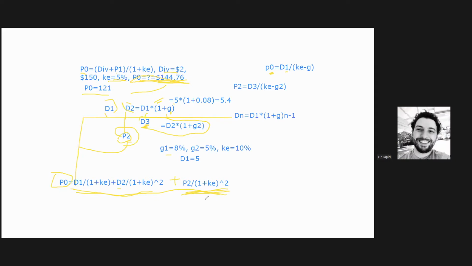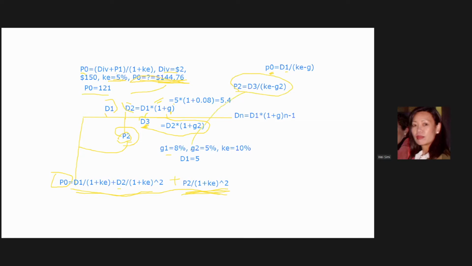Then shouldn't P2 be D3? P2 is this one, remember? Because of the golden growth model, P2 is based on D3. So put the P2 here, and then you will have the full picture.